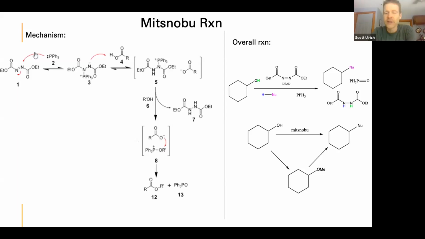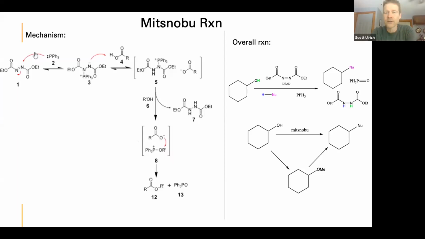What it does is it takes an sp3 hybridized alcohol and replaces it with a nucleophile. I think it's important, although maybe not strictly required, that the nucleophile itself has a hydrogen. So it can be a carboxylic acid or a thiol. It can even be an alcohol on its own, or there's a variety of things that you can use as the nucleophile.